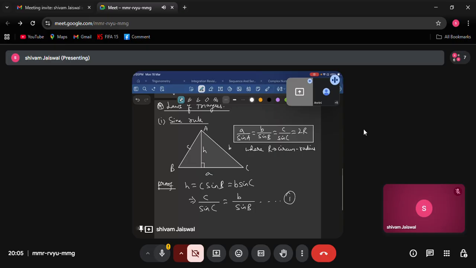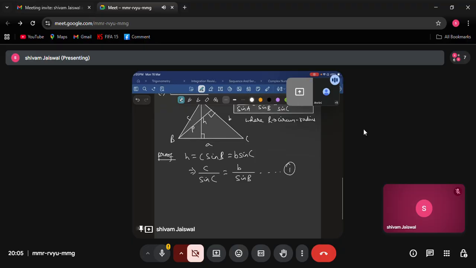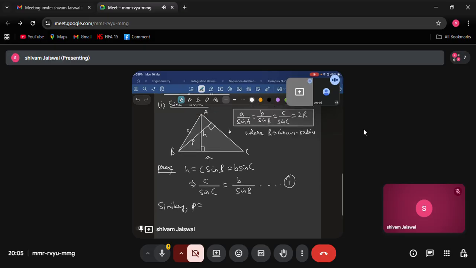Next, similarly, if I drop another perpendicular, let us call this P. Can you tell me P in terms of angle C?